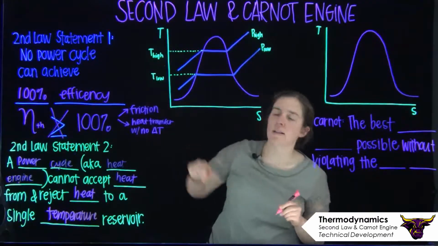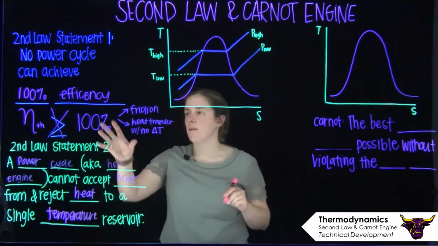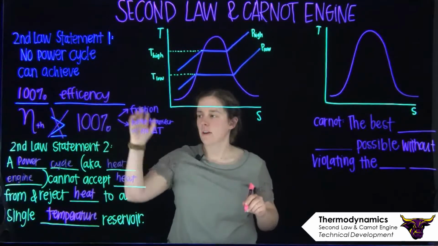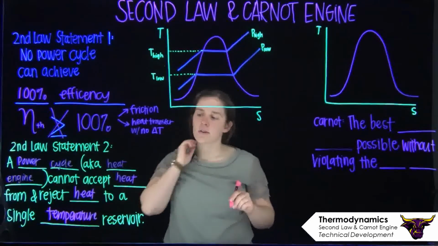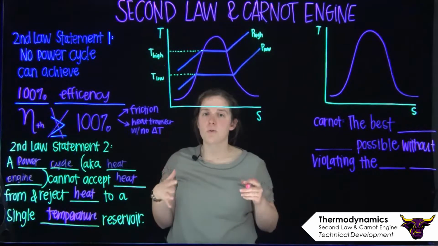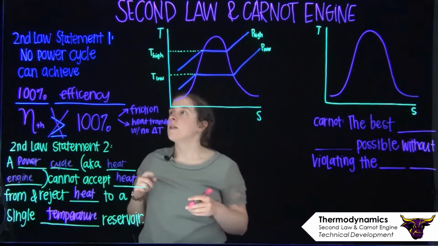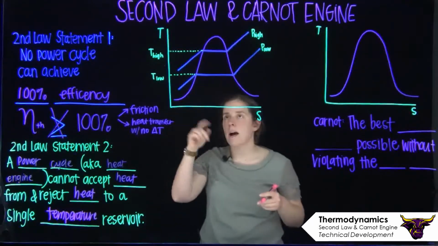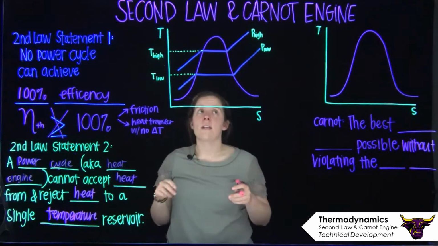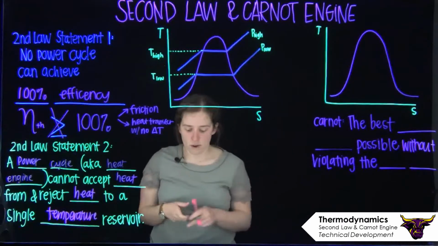So that just backs up the first statement as well. If you think about why we can't achieve 100%, a power cycle can't accept heat and reject heat to the same temperature reservoir. That would be heat transfer with no delta T. So those two statements are going to guide what we talk about today with heat transfer and specifically Carnot engines.